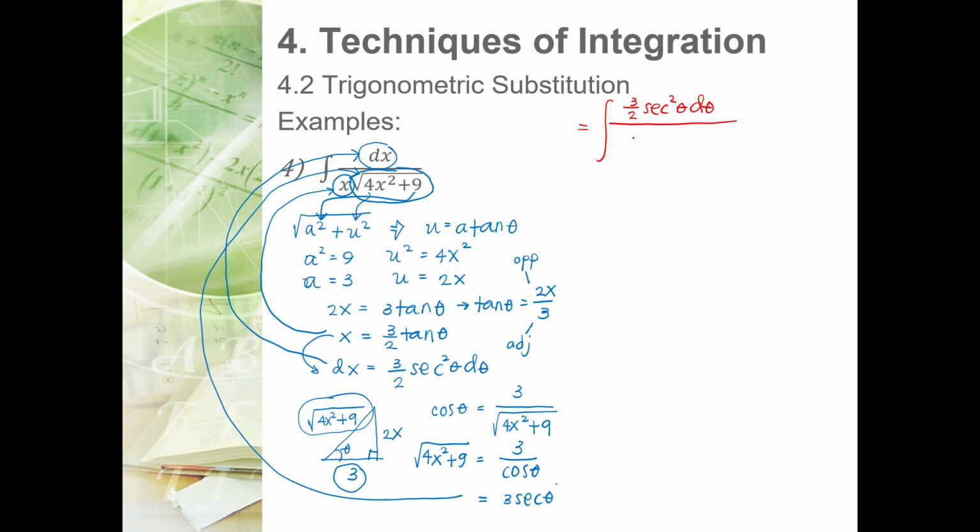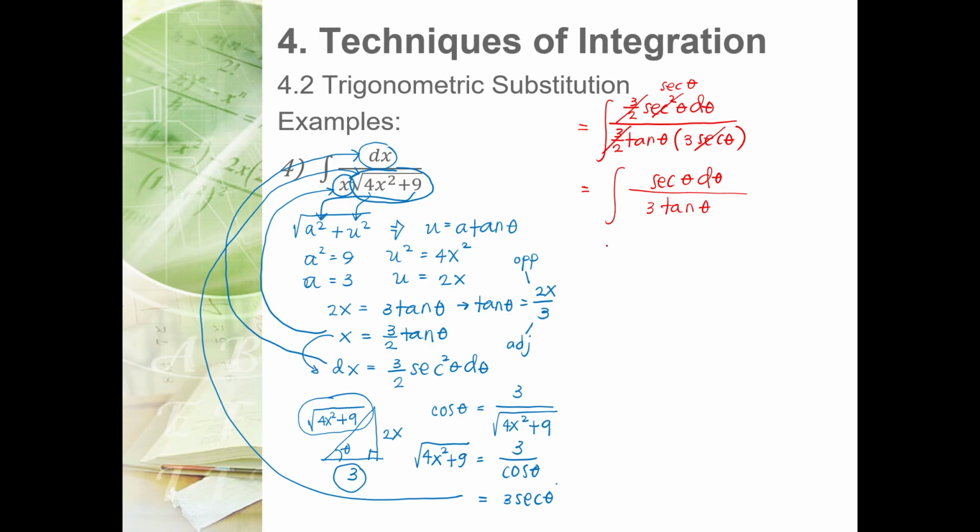Next is the x parameter, so 3 halves tangent theta. And lastly you have your 3 secant theta. So cancel out 3 halves, cancel out 1 secant. It looks the same as earlier, right? So what's left in the equation is secant theta d theta all over 3 tangent theta.